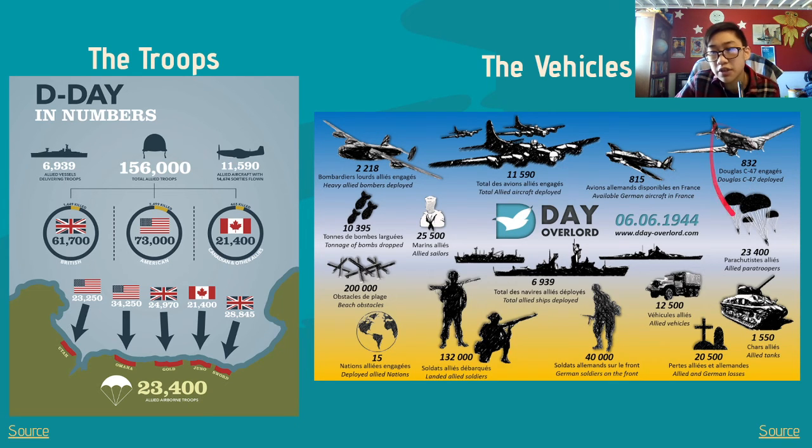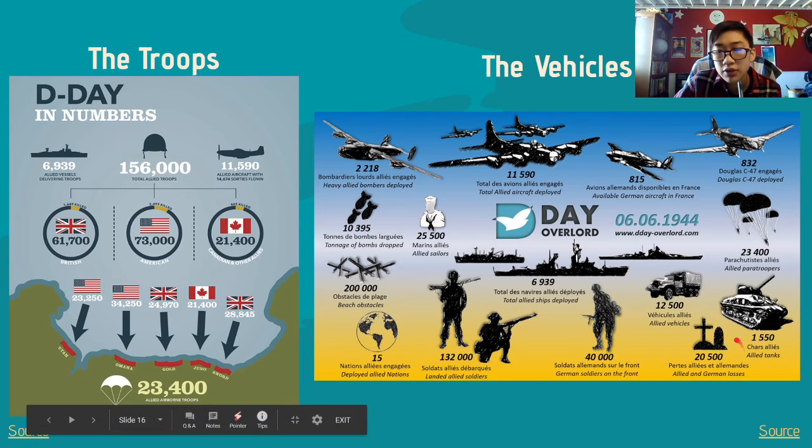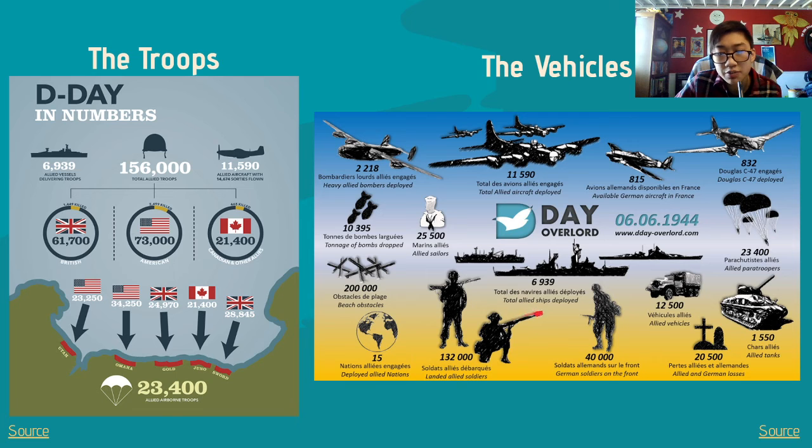We have the Douglas C-47s that were deployed. We had 25,500 Allied sailors, and we had 200,000 beach obstacles. There were 10,395 tons of bombs dropped today, and we also had 23,400 Allied paratroopers, 1,550 Allied tanks, 12,500 Allied vehicles, 6,939 Allied ships were deployed.